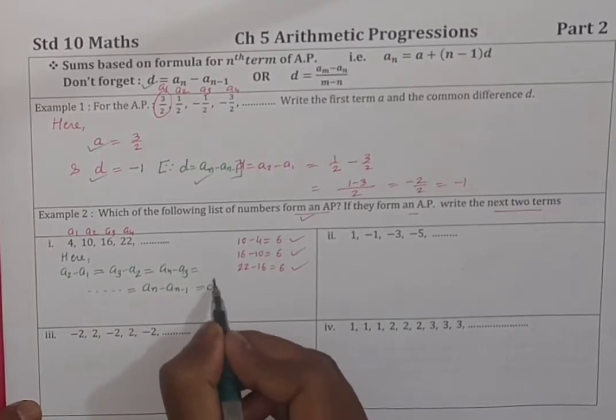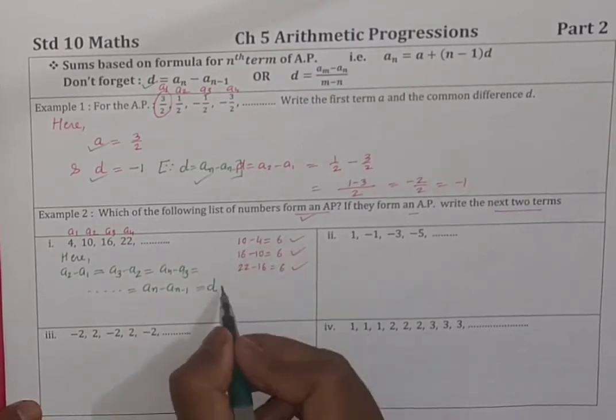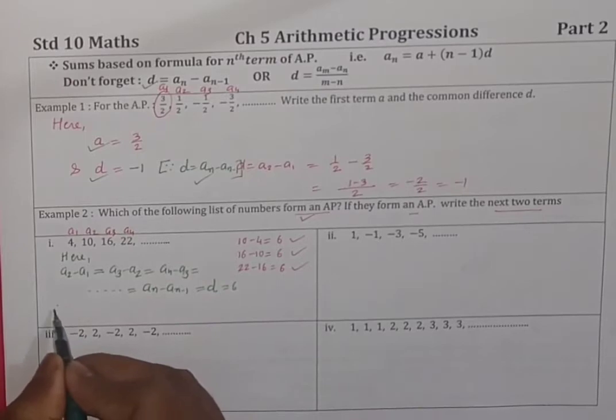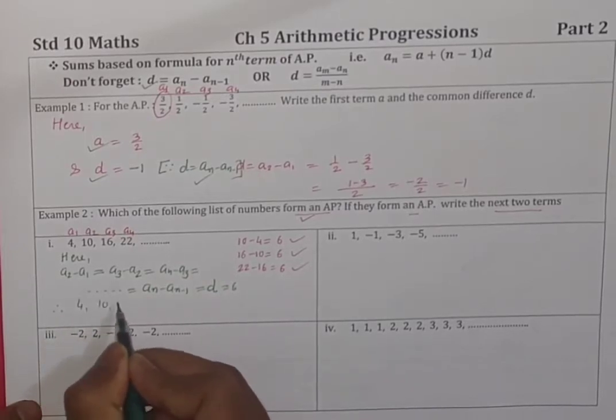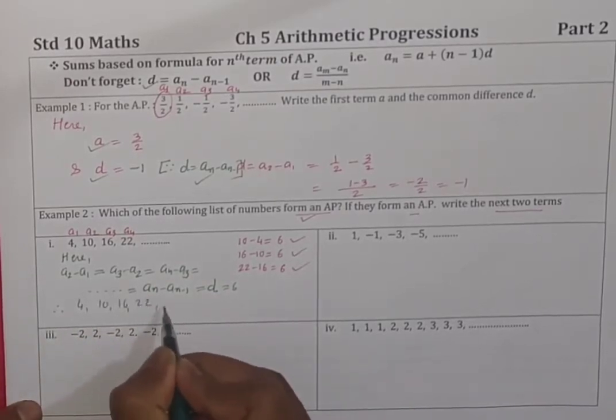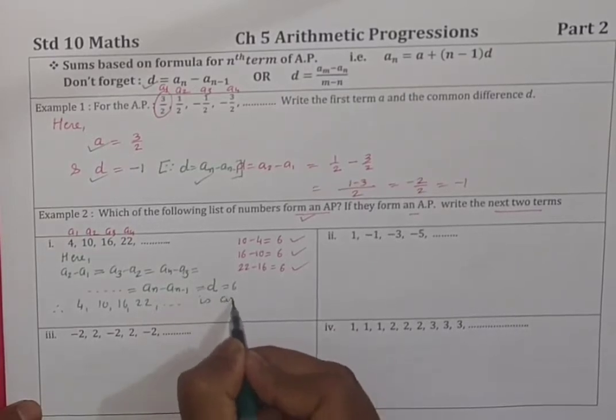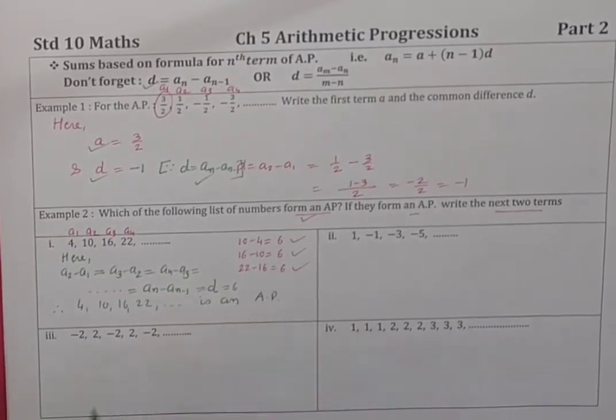And that is what we call D. And that is 6 here. Therefore, 4, 10, 16, 22 is an arithmetic progression.